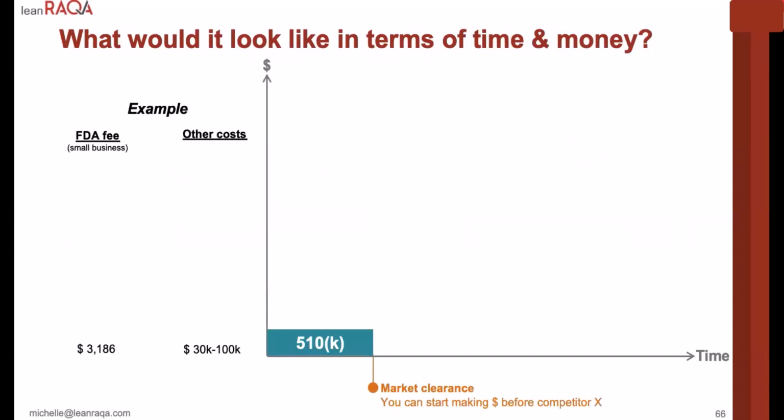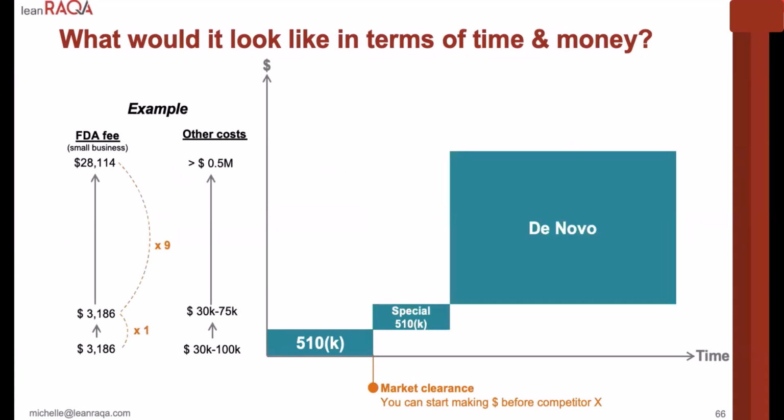So what would this look like in terms of time and money? If you bring a base set of products to market underneath a 510K, maybe you could start selling your product and making some dollars to fund your subsequent product iterations and regulatory iterations.